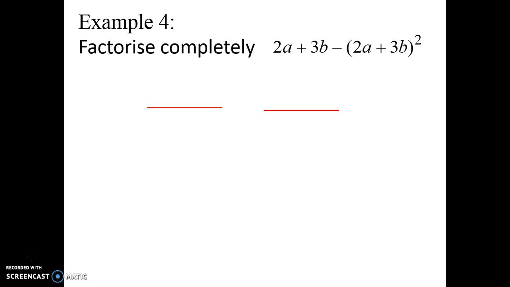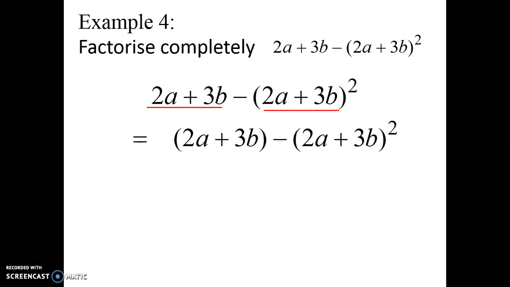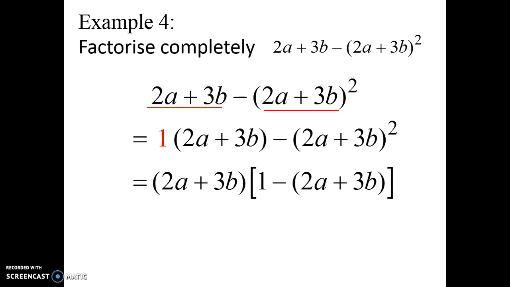Let's take a look at this last example 4. Factorize completely 2a plus 3b minus bracket 2a plus 3b close bracket whole thing squared. What you need to recognize is that 2a plus 3b is a common factor. When there is a common factor of 2a plus 3b, you take it out.